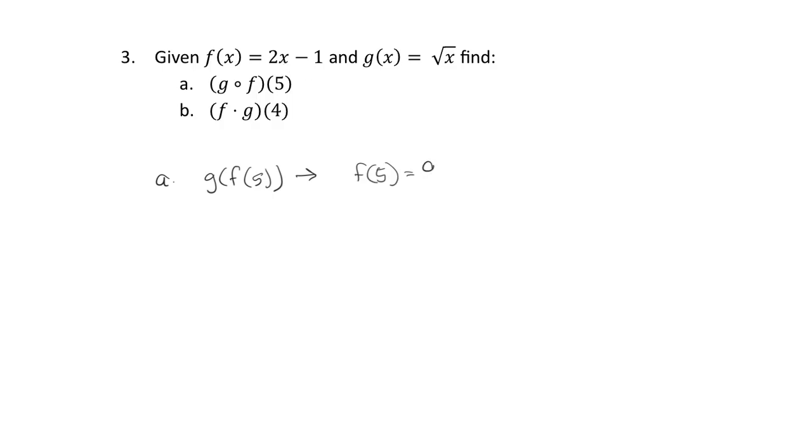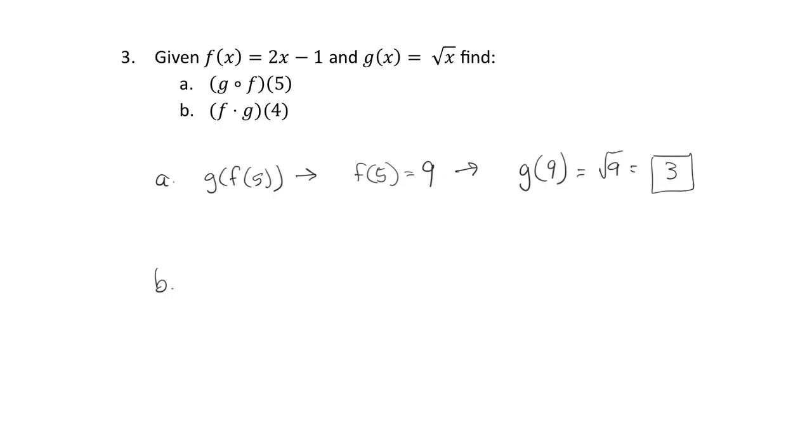So f of 5 is equal to 9. So this input here, f of 5, is equal to 9. So I can replace f of 5 inside the g function with 9. So now we need to find g of 9. And the square root of 9 is equal to 3.